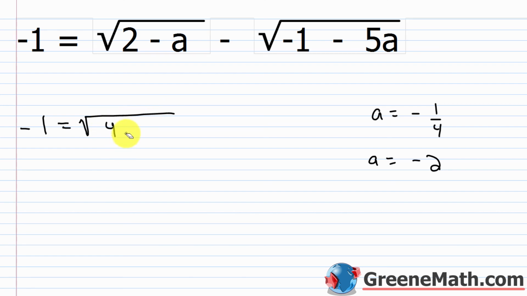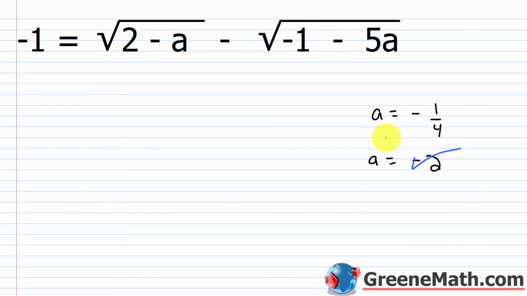We might as well replace that with 2, we know what that is. Minus the square root of negative 1 minus 5 times negative 2, which is negative 10. So I'd have minus a negative 10, which is plus 10. So really this would be 9. We know the square root of 9 is 3. 2 minus 3 is negative 1. So that one works out just fine. This is a solution for our equation.